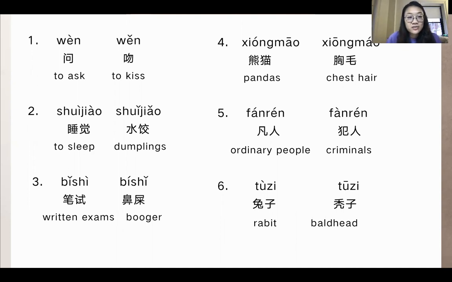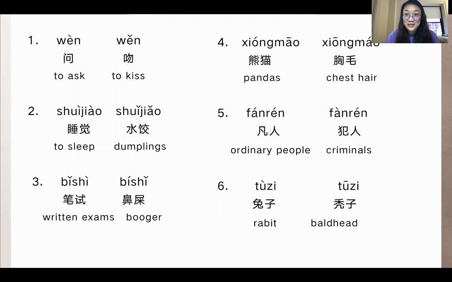And the third group, 笔试, we take our written exams. 鼻屎, you know, booger. And the fourth group, 熊猫, really cute pandas. And if you say 胸毛, that's chest hair.